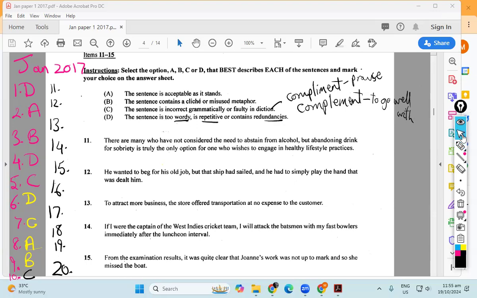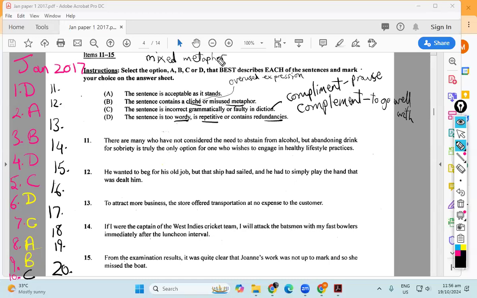All right. Cliche or misused metaphor. I don't want to spend too much time on it right now because the main issue is statistics for today. But I'll just remind us that a cliche is an overused expression. And the instructions say misused, but it's really more helpful if you think of it as a mixed metaphor, right?